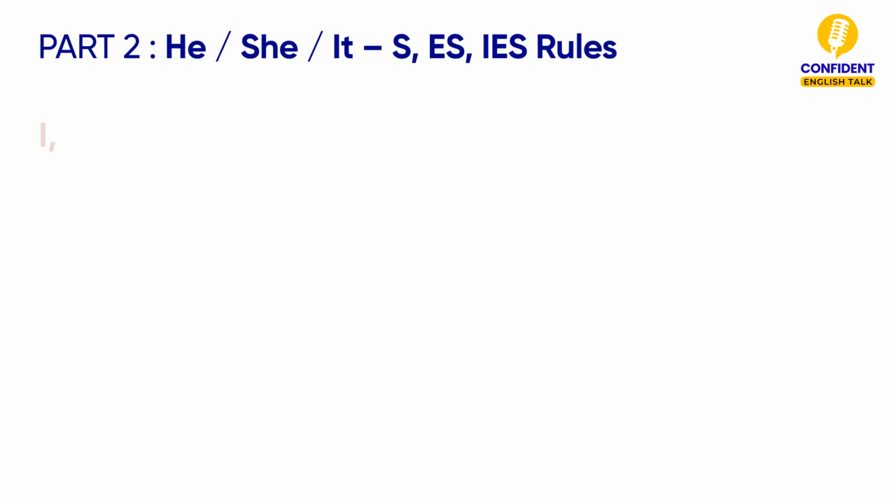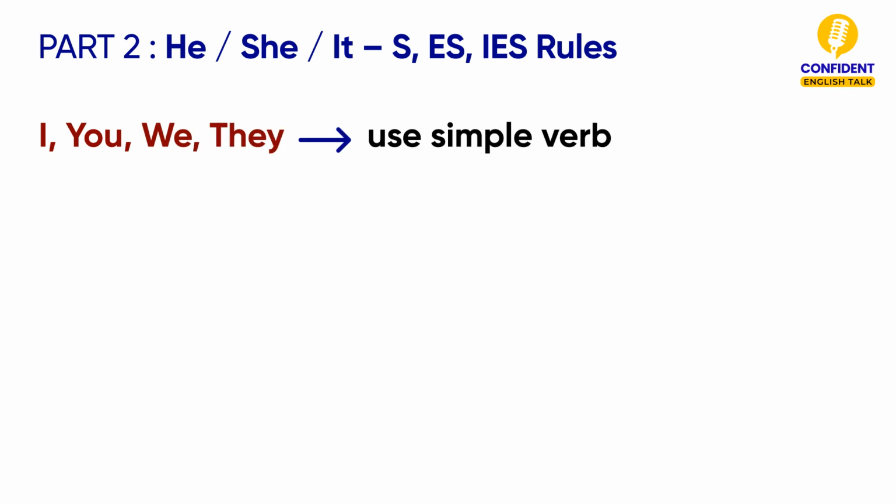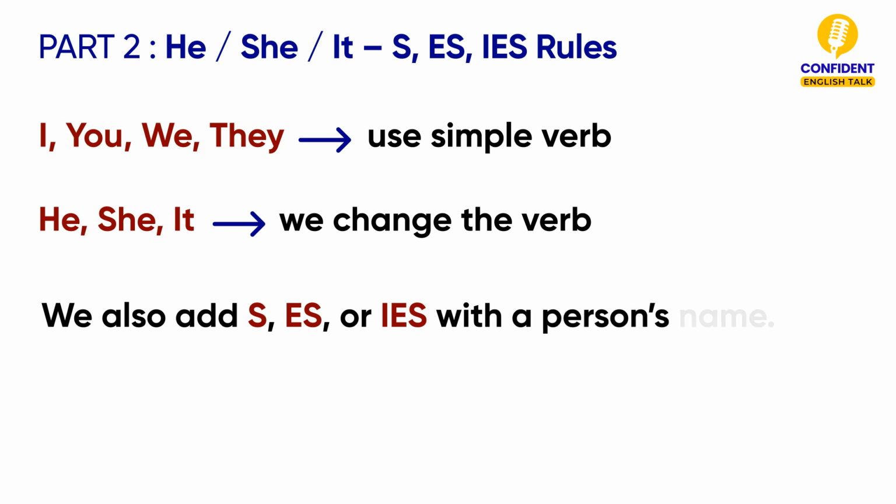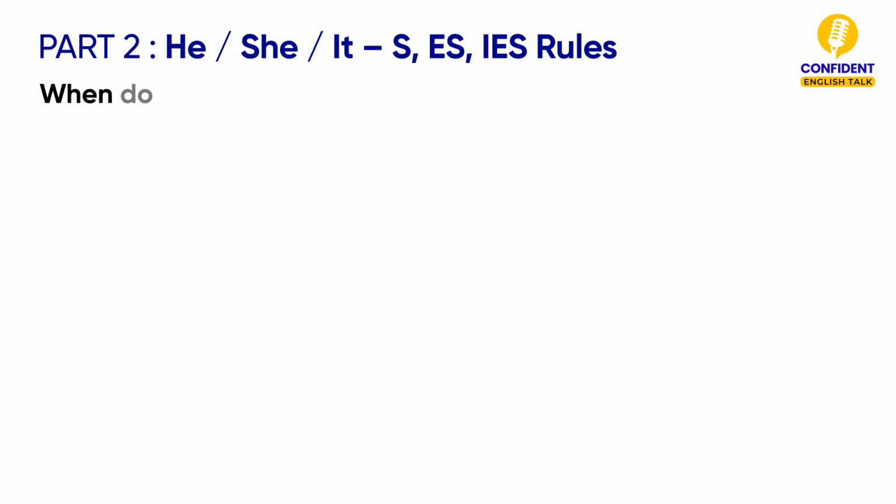With I, you, we, they, use simple verb, but with he, she, it, we change the verb. A person's name is also he or she, so we also add S, ES, or IES with a person's name. Now the question is, when do we use S, ES, or IES?